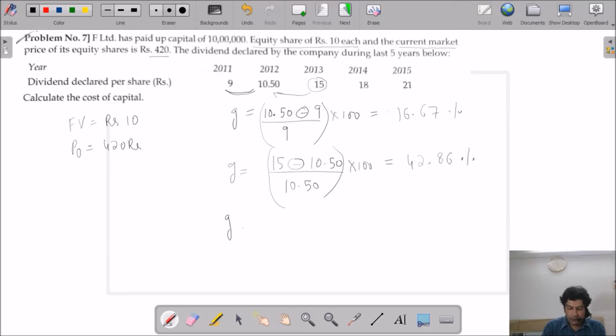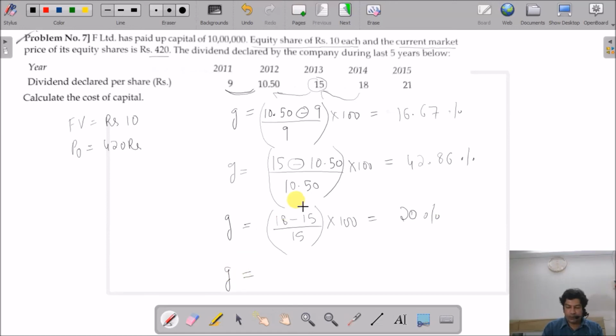Then another growth rate. Here we are going to find 18 minus 15 divide by 15, and then we have to multiply it by 100. So 18 minus 15 divide by 15 percentage. So 20% is my growth rate.